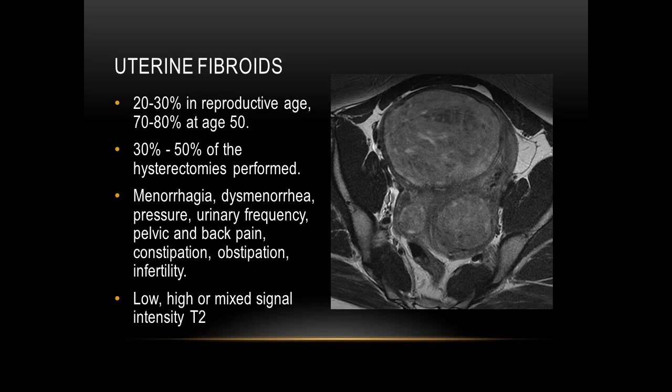The symptoms can be menorrhagia, dysmenorrhea, pressure, urinary frequency, pelvic and back pain, constipation, obstipation, or infertility. Usually they are low or high or mixed signal intensity on T2 weighted sequences.